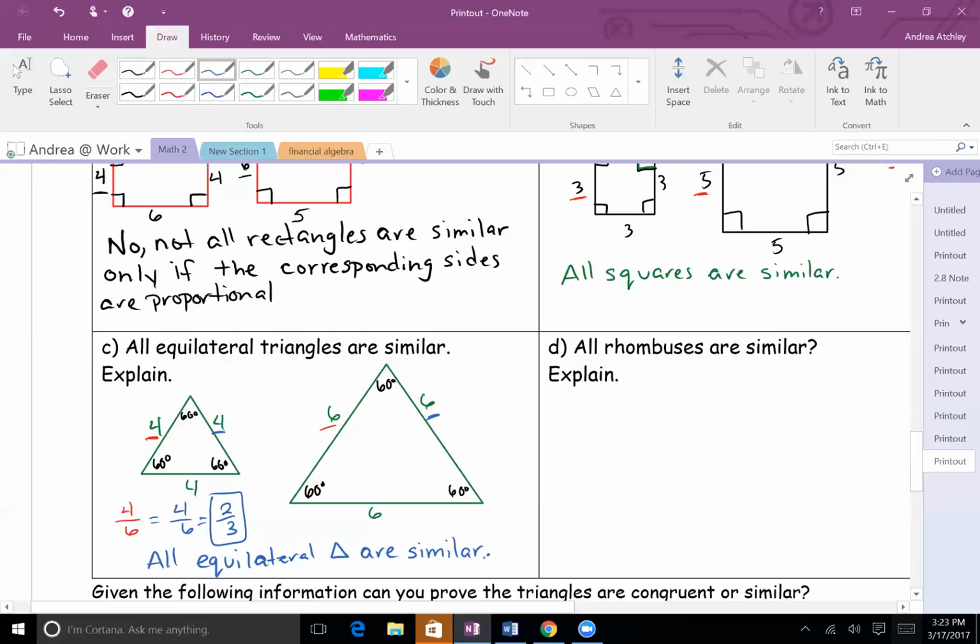How about all rhombuses are similar? Okay, remember a rhombus is just a parallelogram with all sides congruent. Okay, so let's see if we can draw a bigger one here.